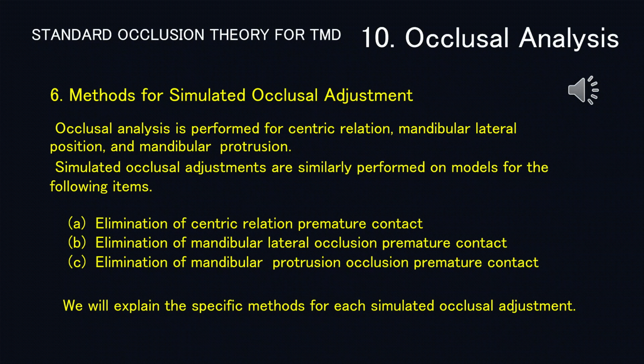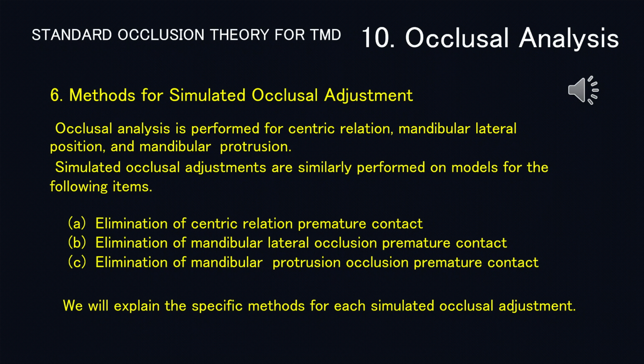6. Methods for simulated occlusal adjustment. Occlusal analysis is performed for centric relation, mandibular lateral position, and mandibular protrusion. Simulated occlusal adjustments are similarly performed on models for the following items.